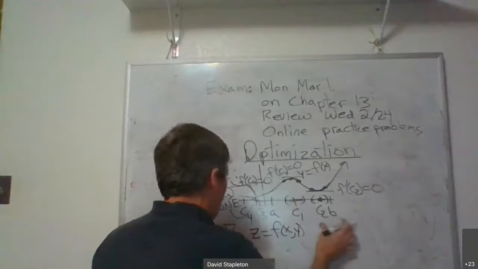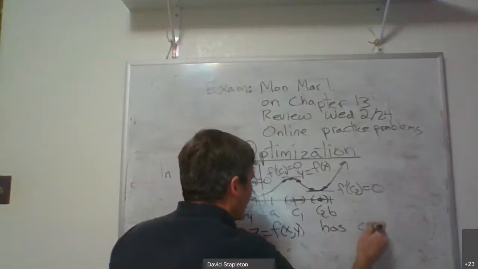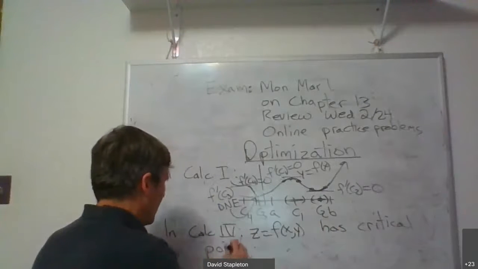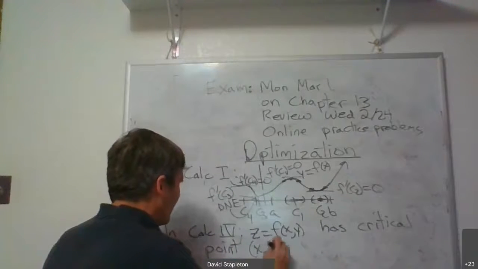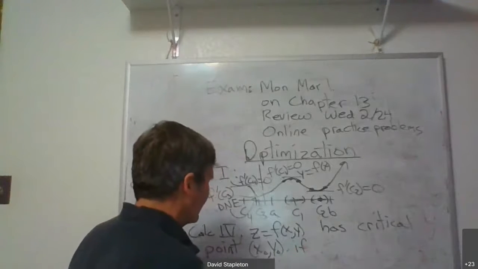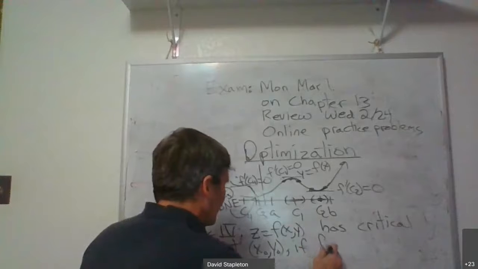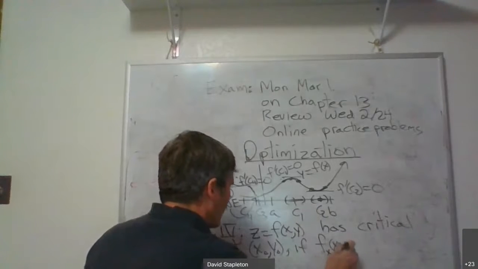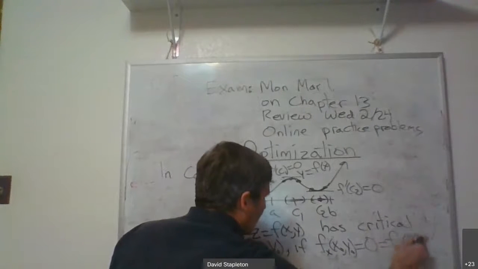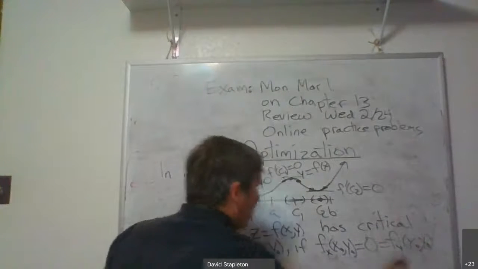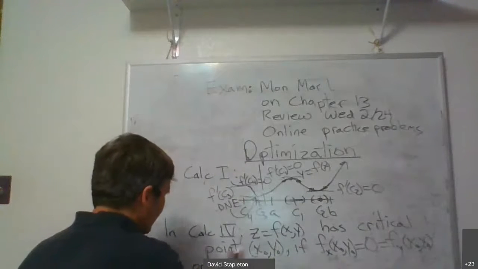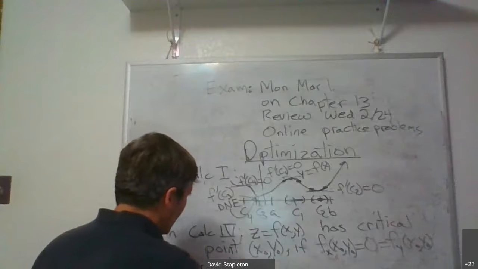Let's say a critical point x naught, y naught if the two partial derivatives, partial of f with respect to x and partial with respect to y, are both 0, or if at least one of the partial derivatives doesn't exist.